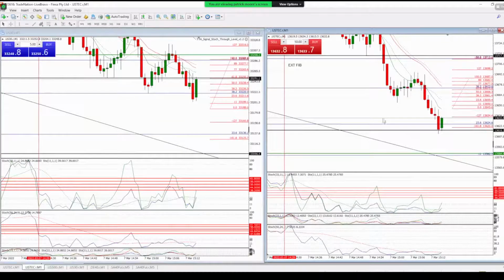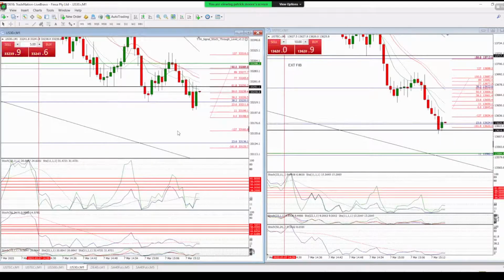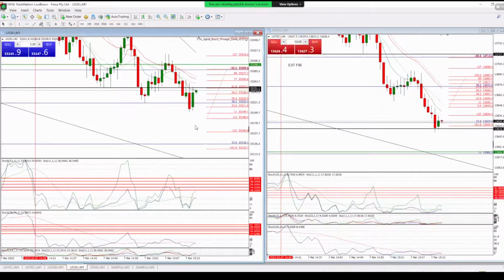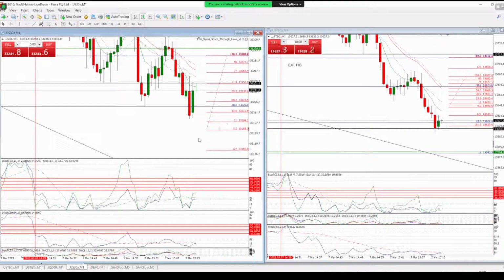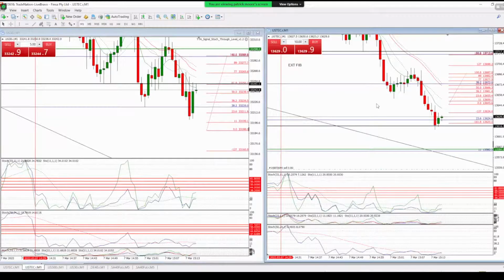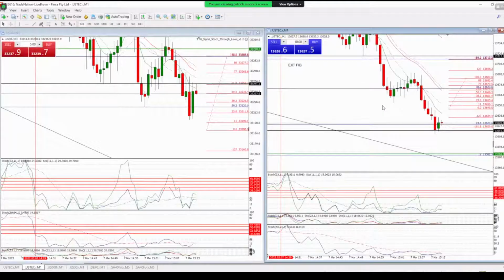Okay, all I've got to work with right now here is the stochastics, and if Dow triggers, I'm going to take it just to the 5 or 10 points. First target, yes, it did. Two candles.